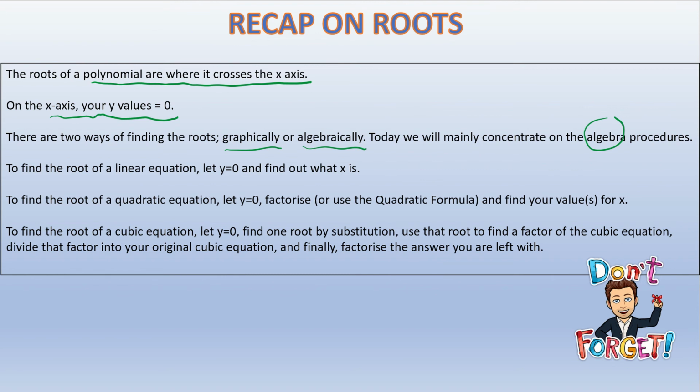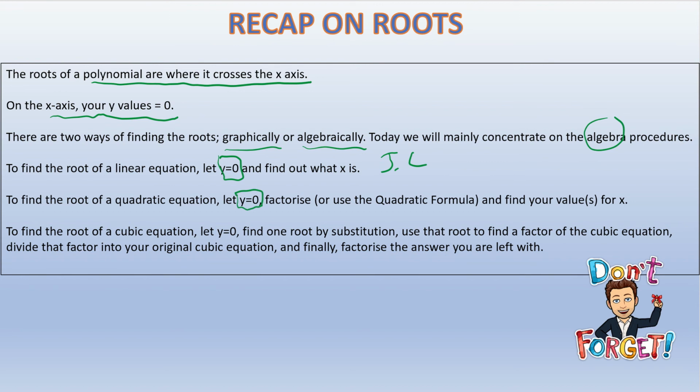Again, just to recap, if you have a linear equation and if you want to find the root of that, or where it crosses the x-axis, you let y is equal to 0 and you manipulate your equation to find out what x is. So you would have covered that in your Junior Cert. To find the root of a quadratic equation, you let y is equal to 0, and that's nearly always given to you in the question.